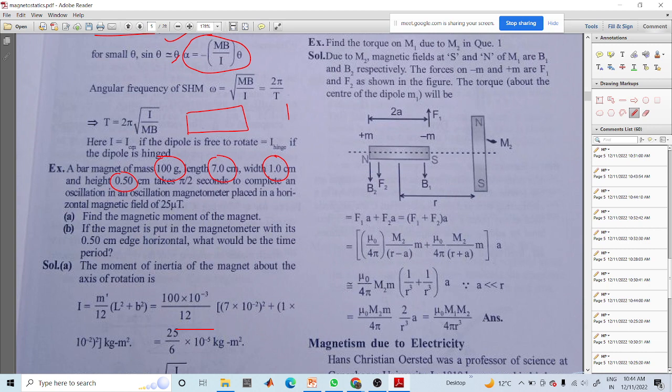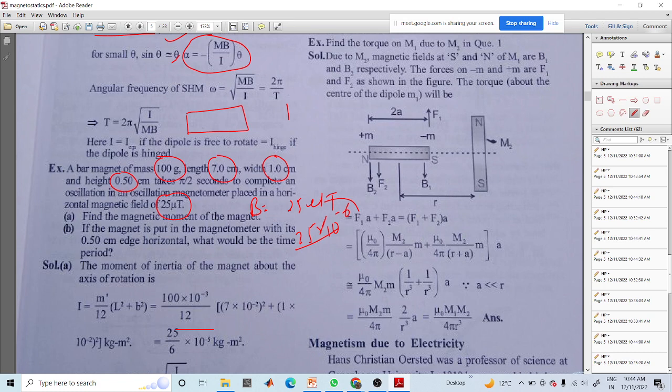It oscillates in a horizontal magnetic field, with magnetic field value B equal to 25 micro Tesla. Tesla is the unit, so 25 into 10 to the power minus 6 is the value of B in Tesla.